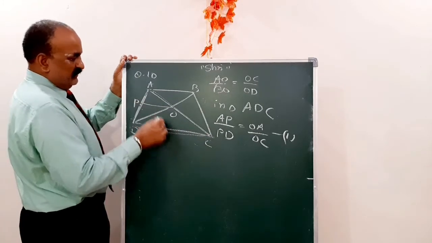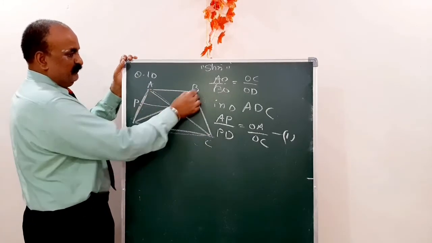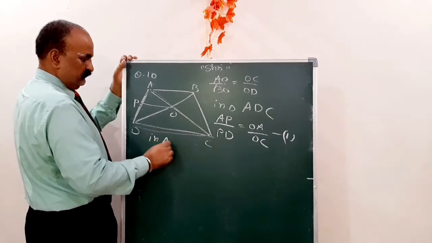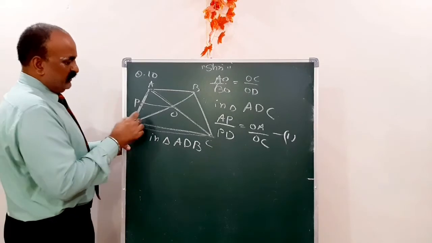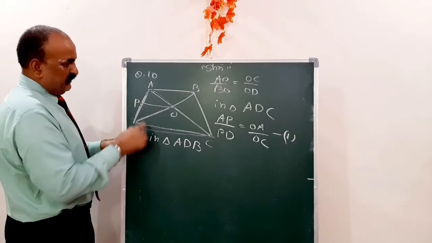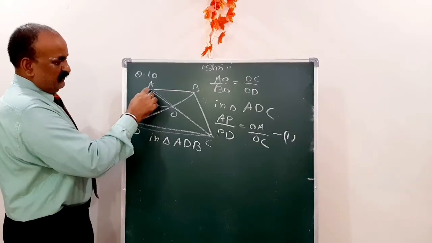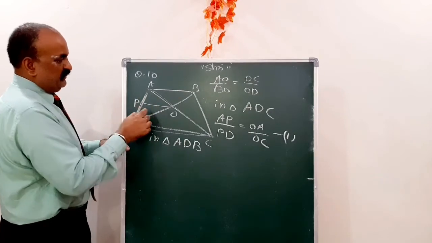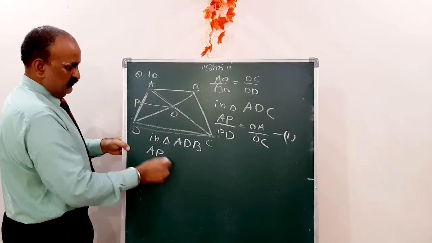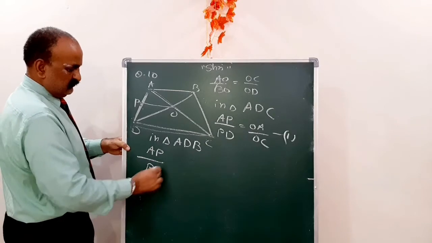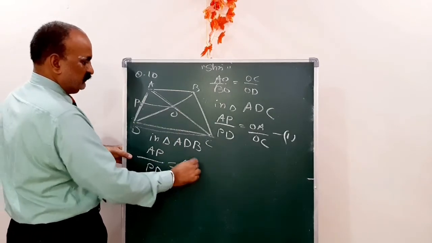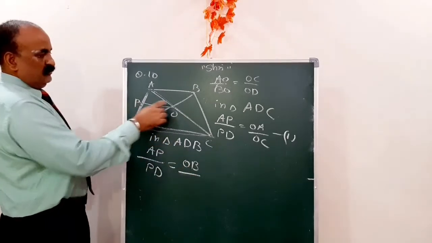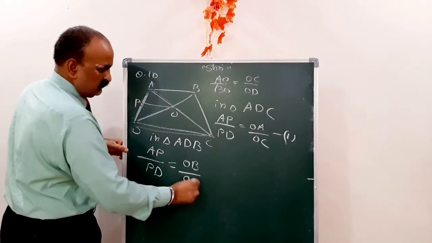In triangle ADB, you can write AP upon PD is equal to OB upon OD.